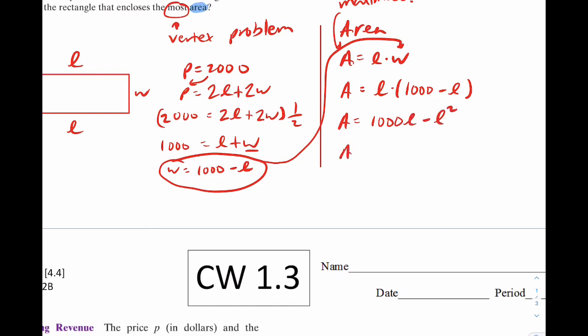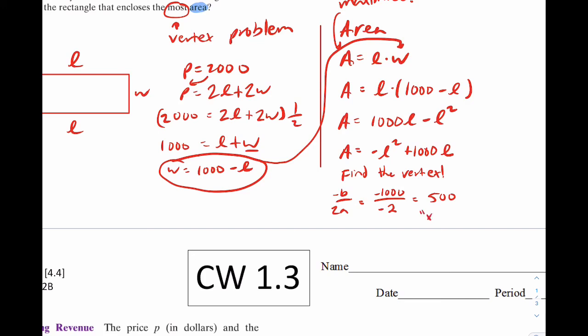And look at this. Now we have a nice quadratic. And once you have your quadratic, we can find the vertex. So let's do negative b over 2a. That's negative 1,000 over negative 2, which would be 500.